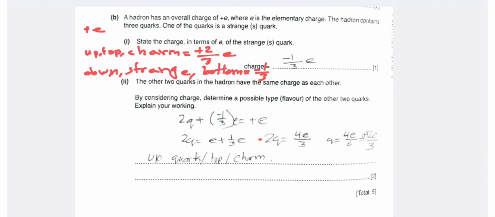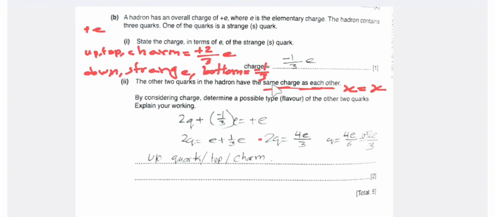The other two quarks in the hadron have the same charge as each other. That means if the charge on a quark is x, then the other would also be x. By considering the charge, determine a possible flavor of the other two quarks, and explain your answer.